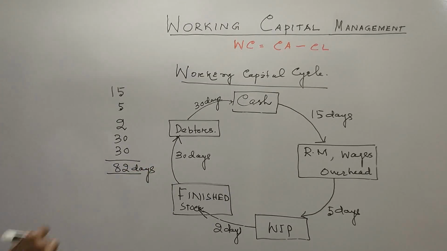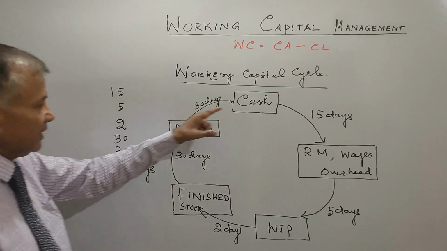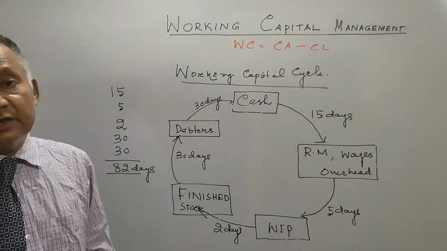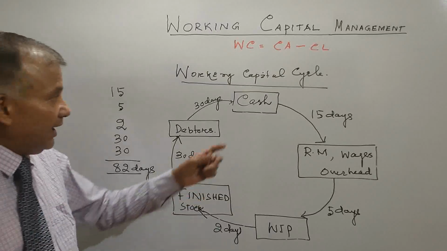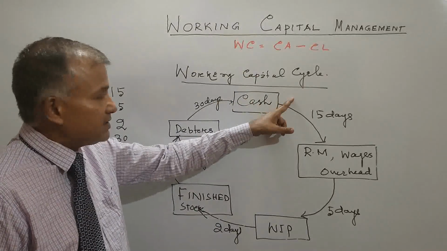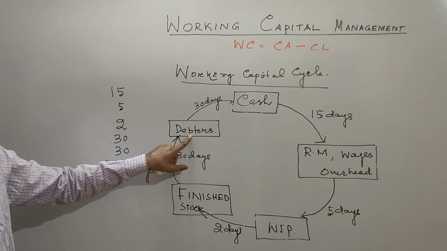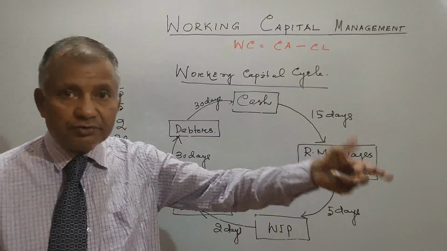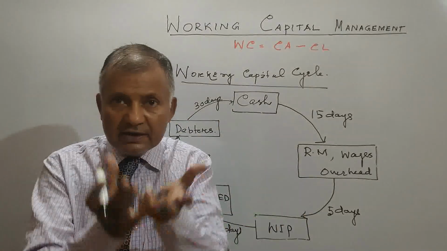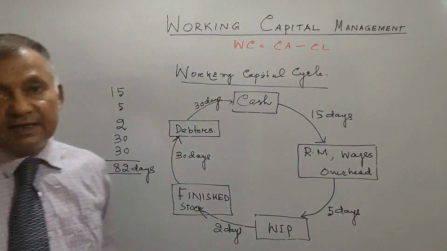So friends, you are seeing that in 82 days, the cash invested in the day-to-day activities of the business again becomes cash. And if we invest, say, 1000 rupees, with profit it becomes 1200 or 1300. Some profit is generated in the business, and that is called return to the business.